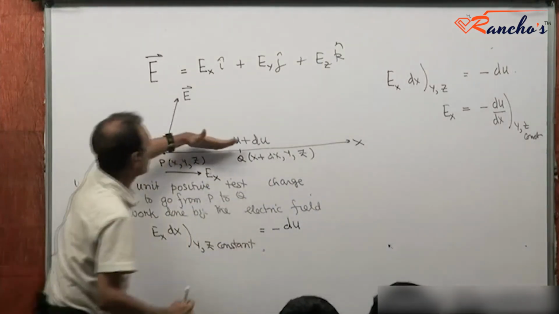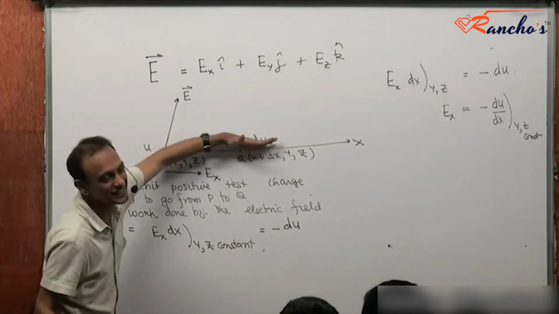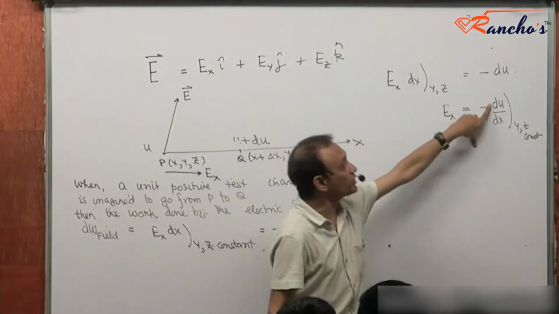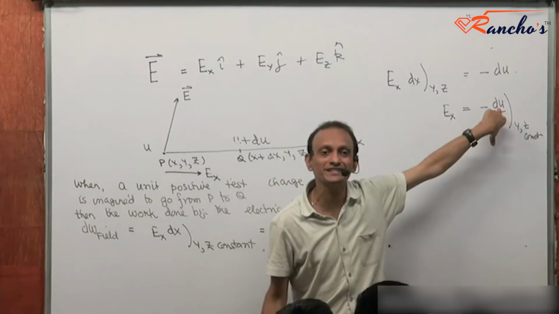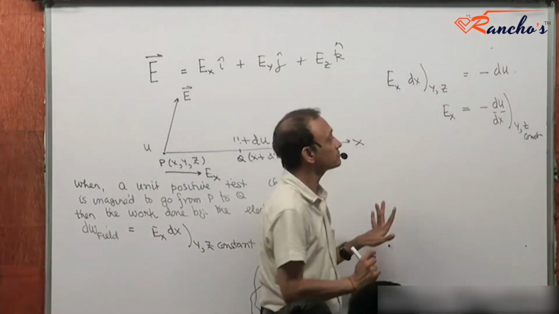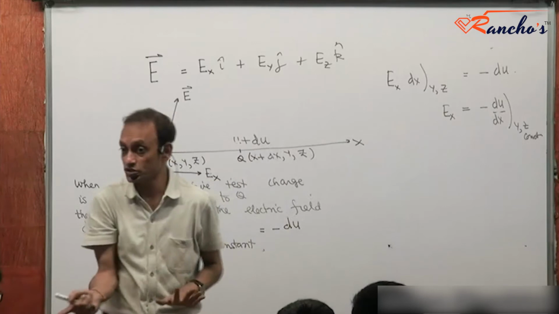That means du/dx is the rate of change of potential in the x direction, and Ex is the negative of the rate of change of potential in the x direction, keeping y and z constant.